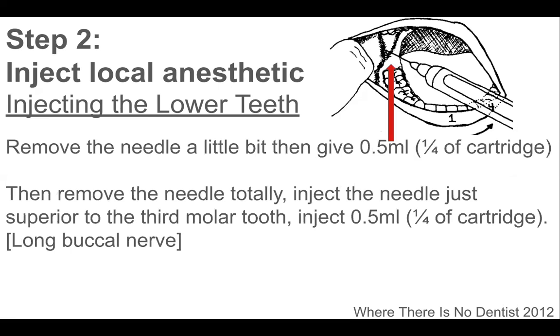Then remove the needle a little bit and give another 0.5 ml. After that, remove the needle totally and inject just superior to the third molar tooth to block the long buccal nerve.